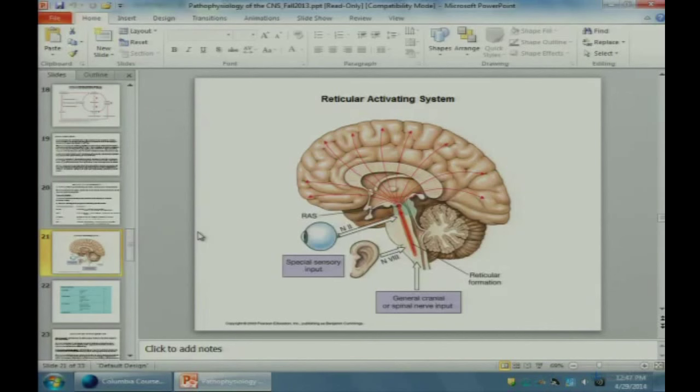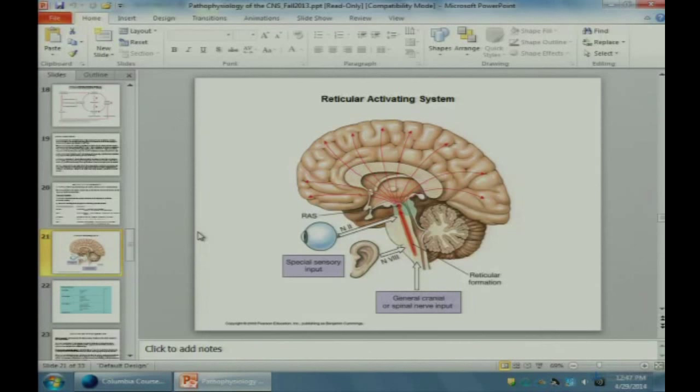Now, the reason why the reticular activating system is involved in this loss of consciousness is because of the amount of stimulation, this constant information flow to the cortex. We are constantly receiving a tremendous amount of sensory input from the body.